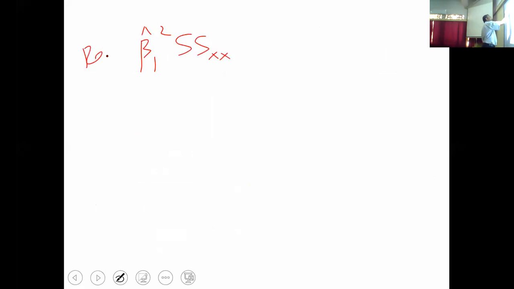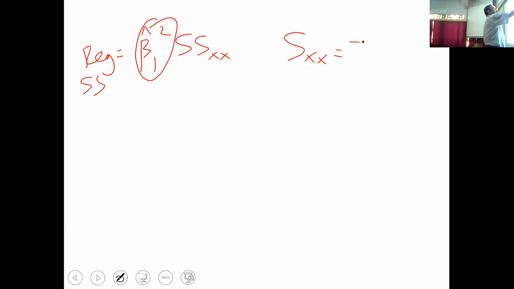This is the regression sums of square. Everybody knows what beta 1 is. What is Sxx? It is the summation x square minus summation x whole thing square divided by n. So you have all this information, right? This is called the sums of square of x that you can calculate.